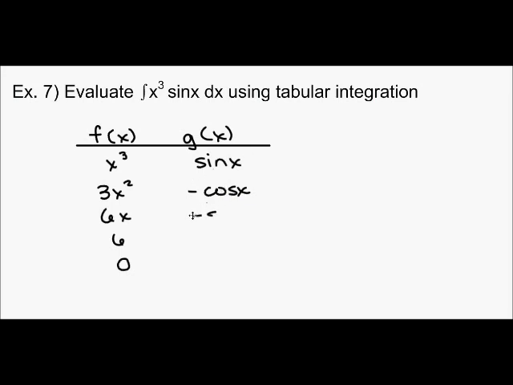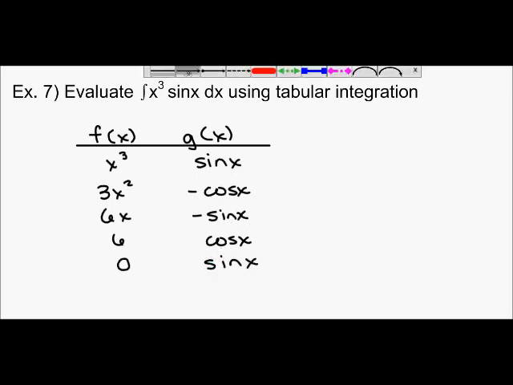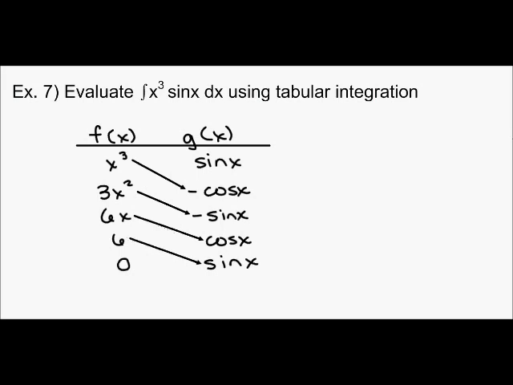From here, I have negative sine x. From here, cosine x. From here, sine x. Now I'm going to connect them. And write plus, minus, plus, minus.